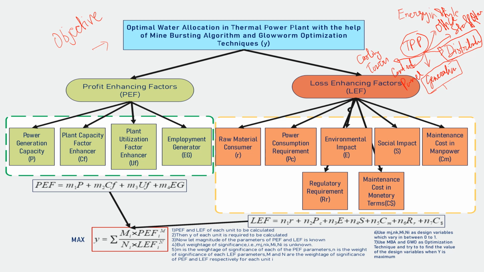The generation unit can be further divided into steam turbine unit, which houses the steam turbine, and also the generator unit, or the alternator to be more precise. So this can be further subdivided.